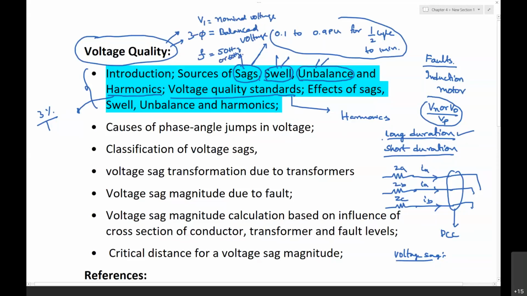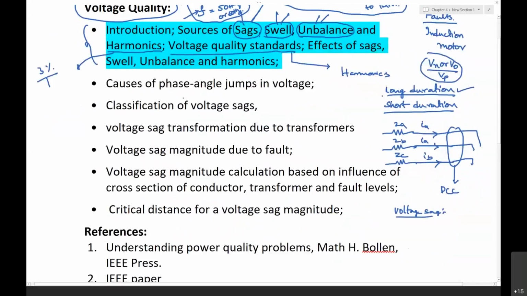If you are able to maintain these things, the nominal voltage in all the phases, balanced voltages, and the frequency at 50, then we can say that the quality of the voltage is very good.